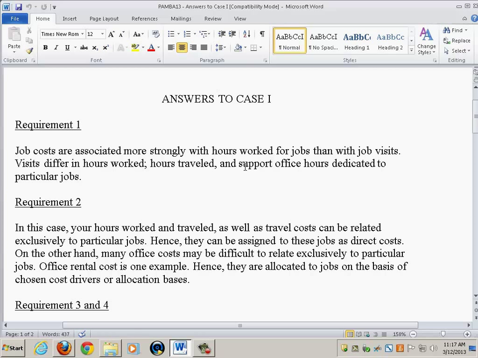Well, let's take another cost item, office costs. Again, it depends on what costs. There are some costs that you may directly associate to particular jobs. For example, telecommunication or systems.